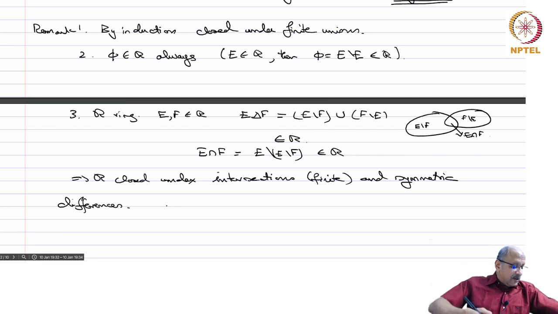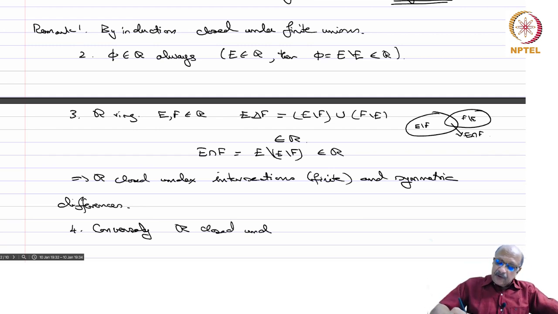Okay, then conversely, if R is closed under the symmetric difference and differences, and if it's closed under unions, then it is a ring.